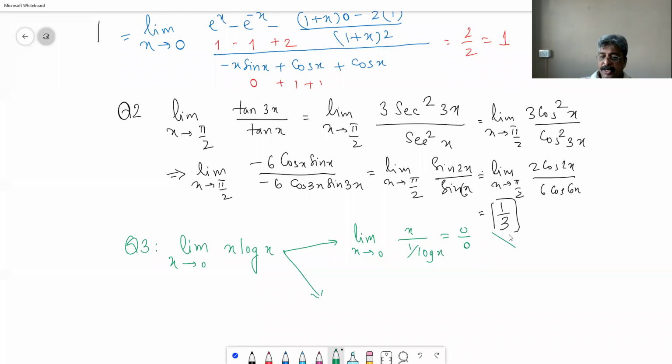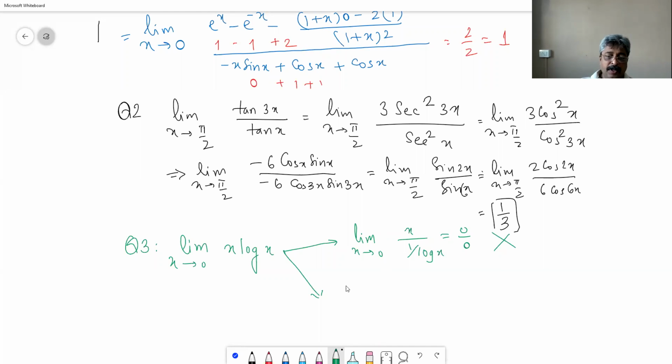But you will not get the answer, because every time you will keep getting indeterminate form. Derivative of x is 1, but the derivative of 1 upon log x is going to be miserable, the function will grow.